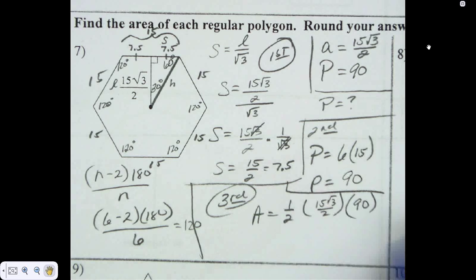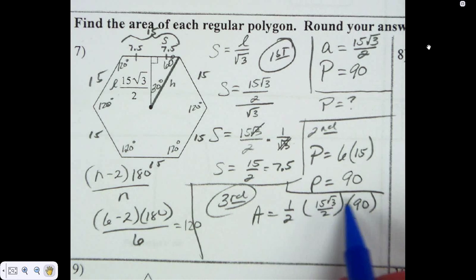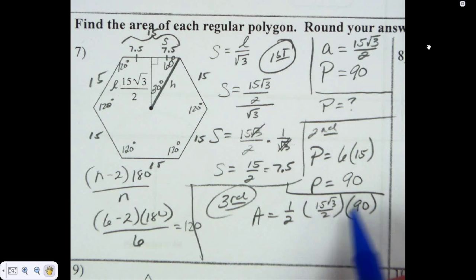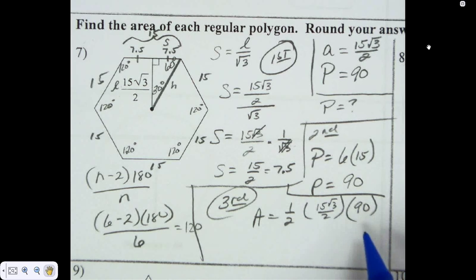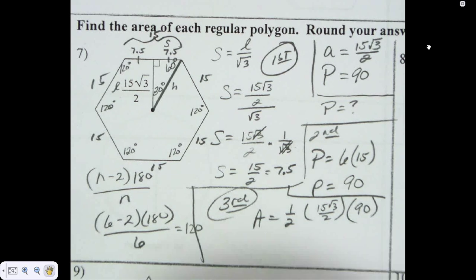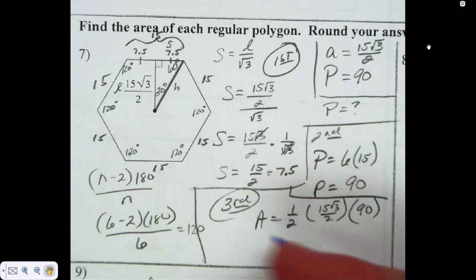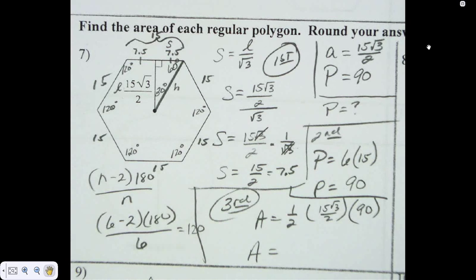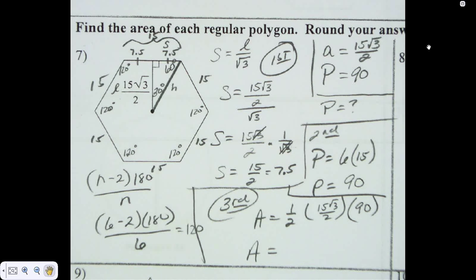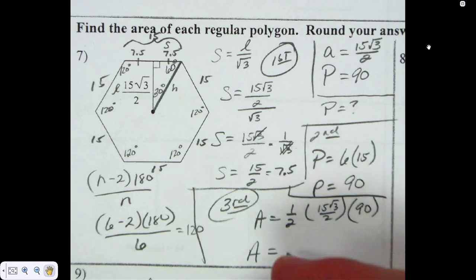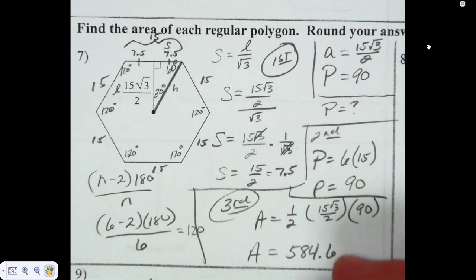So I can put all that into my calculator. I can go 15 times 90 times square root of 3 equals, then divided by 2 equals, and then divided by 2 equals. What do you guys get? Is that what everybody else got? Square units.